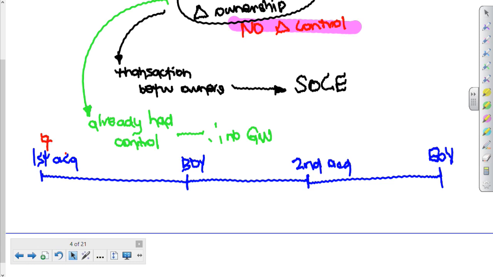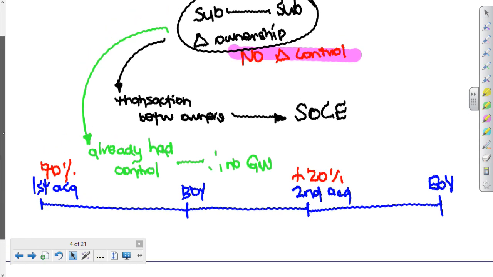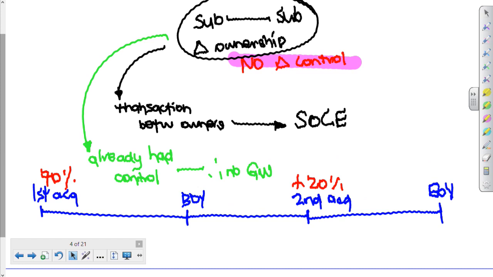I had 70, and then I acquired another 20. Do you agree that when I have a sub, that stays a sub? It's a sub the whole time. Do I consolidate 100%? Yes, because that's what I always do with a sub, isn't it? I don't bring in 70% and then 20. Not when I consolidate, isn't it?